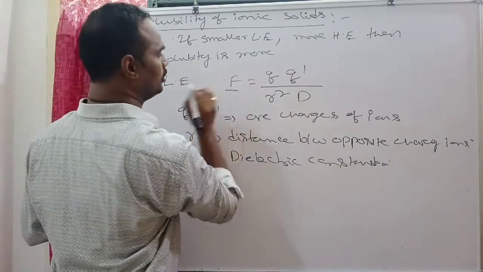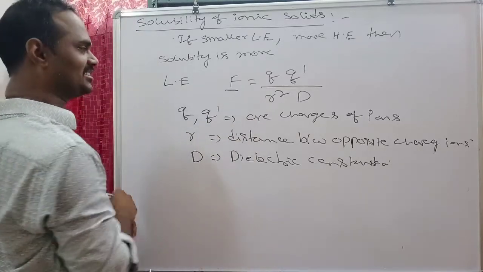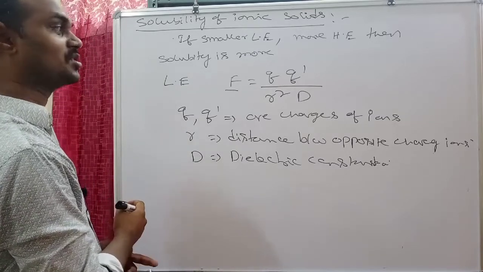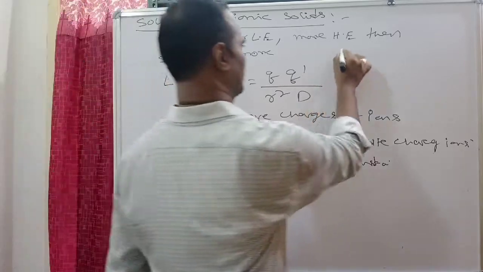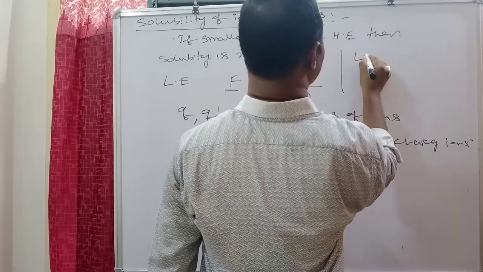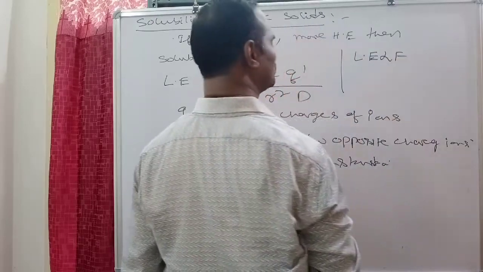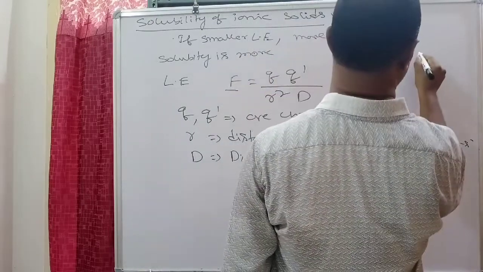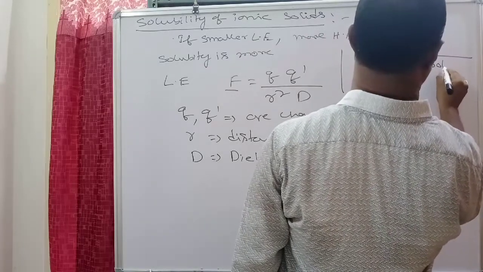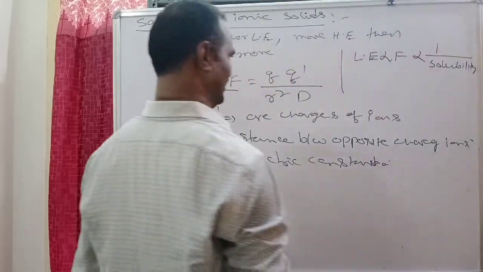Carefully see. When force of attraction between opposite charges increases, lattice energy increases. When lattice energy increases, solubility automatically decreases. Lattice energy is directly proportional to the force of attraction between ions, and both are inversely proportional to the solubility of the ionic solid.